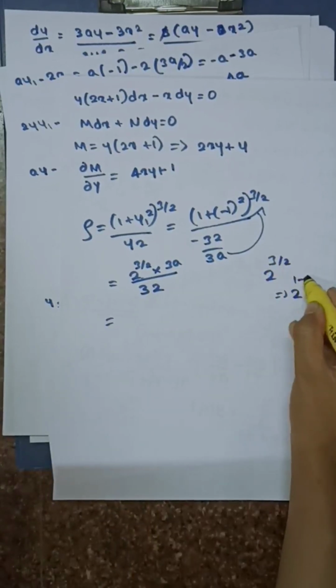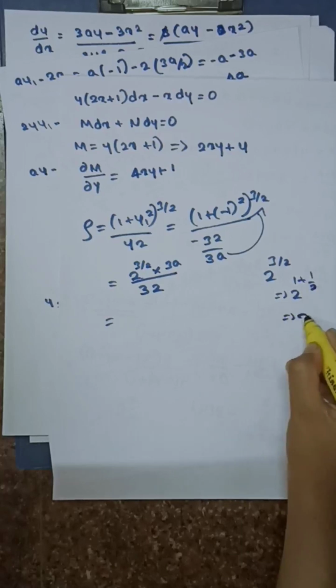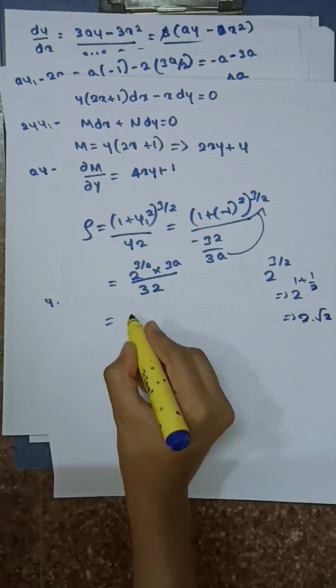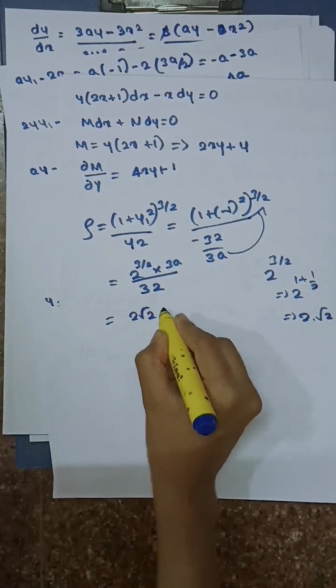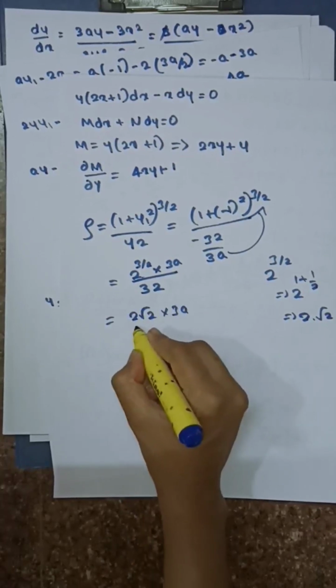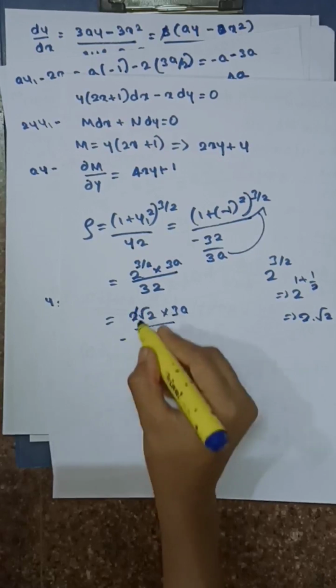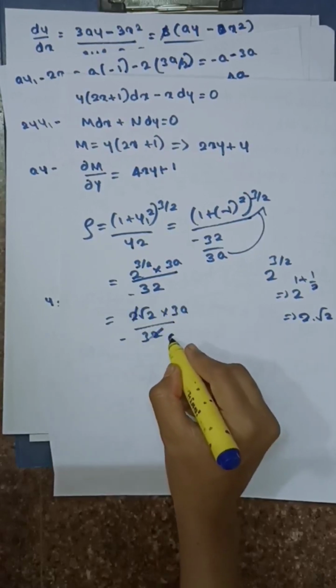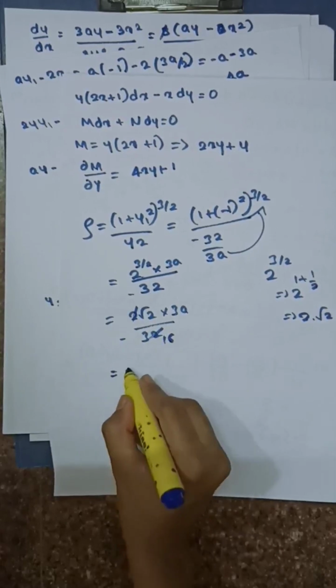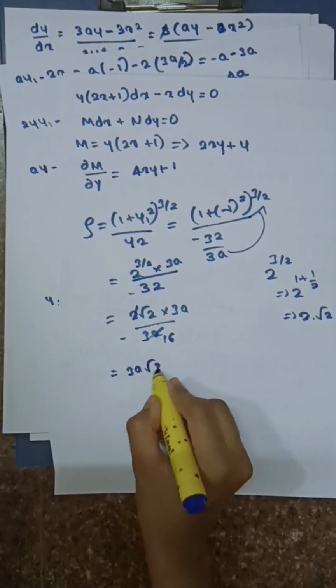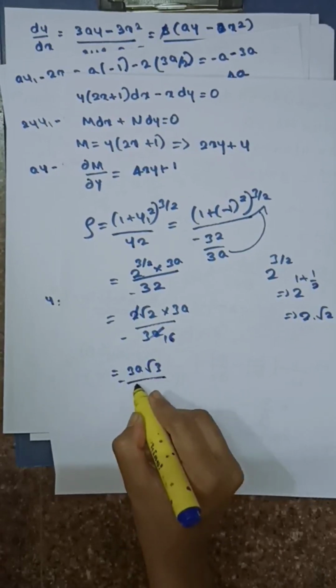This I can write as 2 into root 2. 2 into root 2 into 3a divided by 32. 2 ones are 2, 2 sixteens are 32. So 3a root 2 divided by 16.